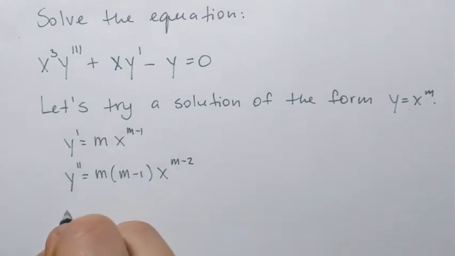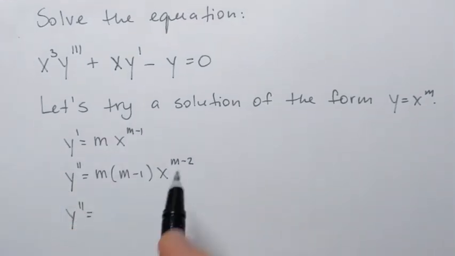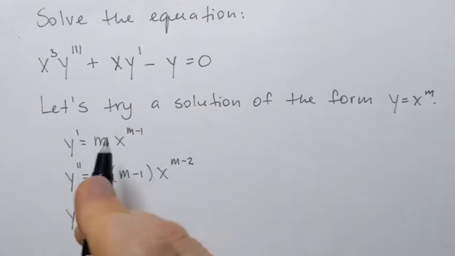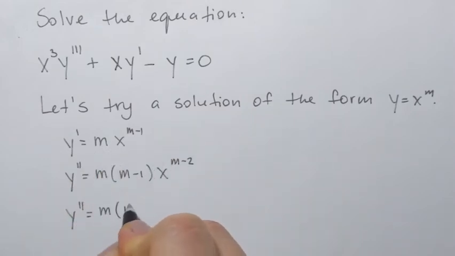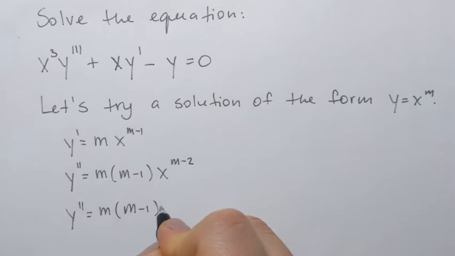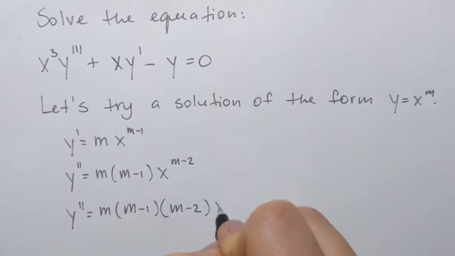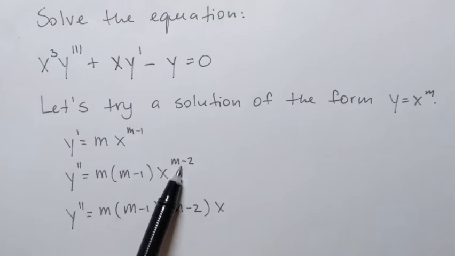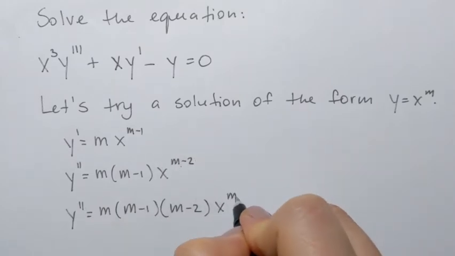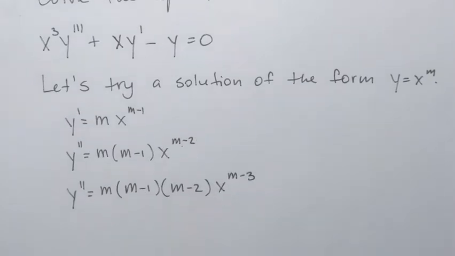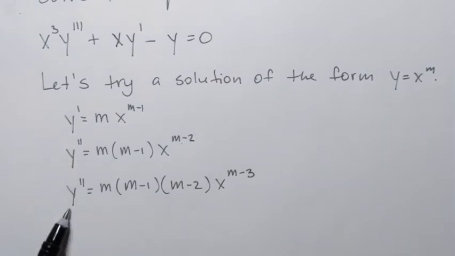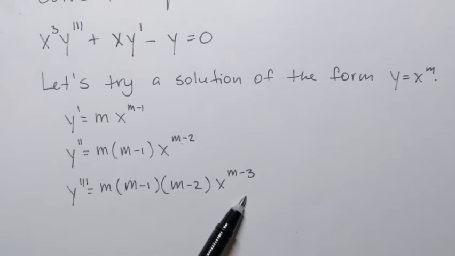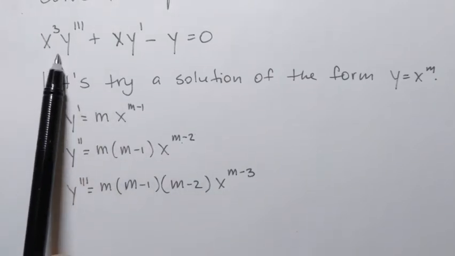And now the third derivative: this power goes to the front, so I have m times m minus 1, these are constants, times m minus 2 now, and then this power gets reduced by 1, it becomes m minus 3. Okay, so that's the third derivative, and that expression will have to be plugged into the equation.